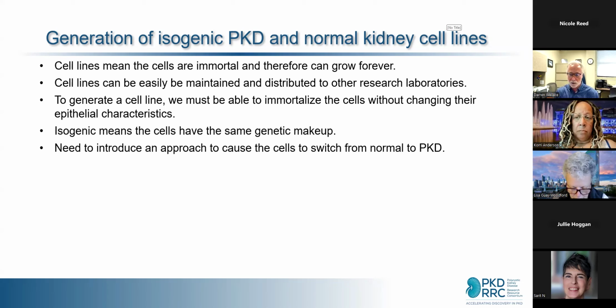So let's say that we generate cell lines from a normal individual, and then simply introduce the PKD mutation. That allows us to make a better comparison on the effect of mutating that gene than making comparisons on two different genetic backgrounds.